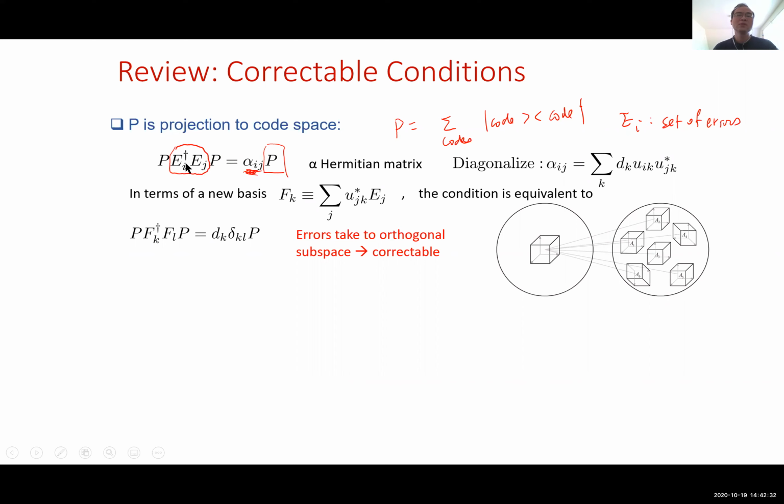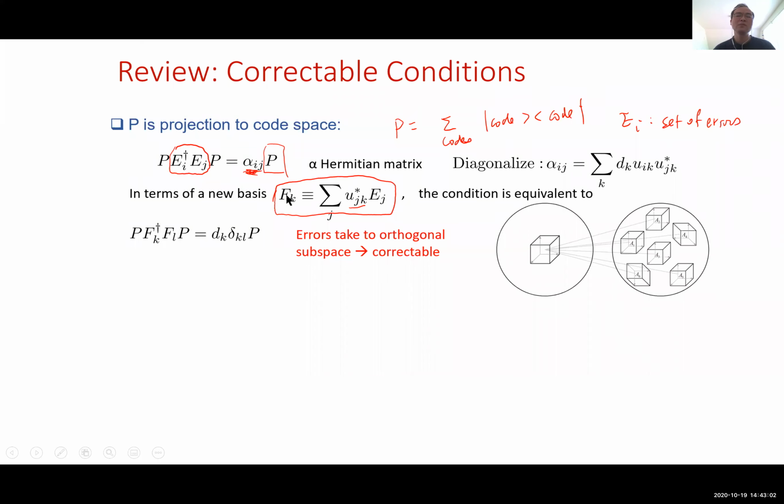Okay, this is the most general condition, but you could simplify a little bit by diagonalizing these coefficients, and you can transform to a new basis using the unitary that diagonalizes the alpha matrix. So let's say you look at this new basis and the error is expressed in terms of the sum of the original ones.